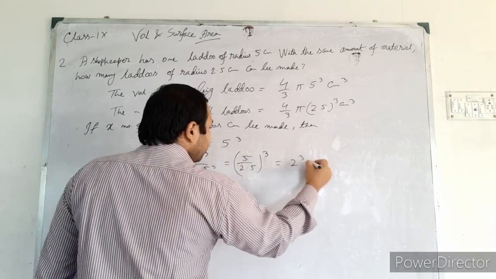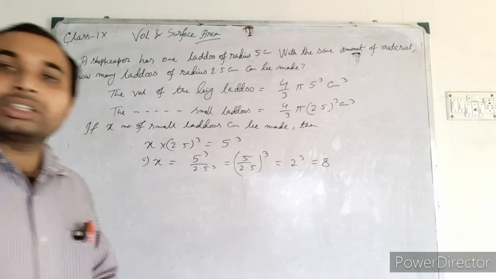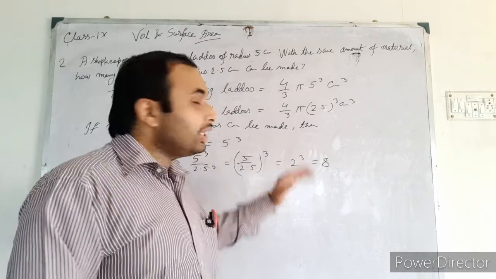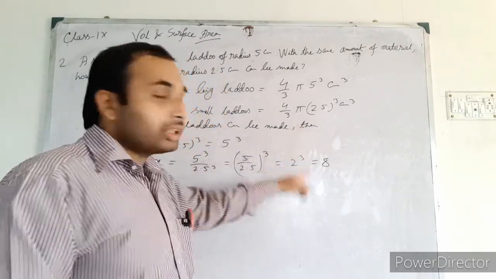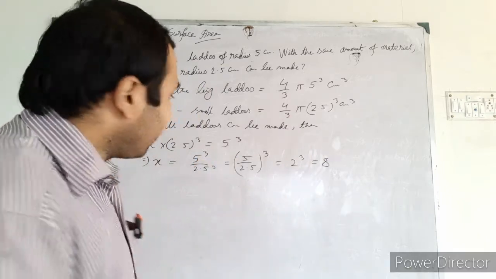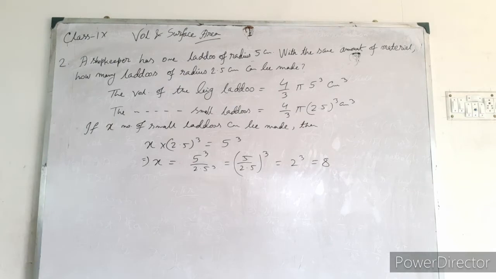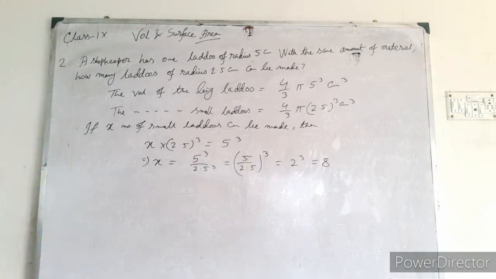So it is 2 cube equals 8. No hard calculations are there. Just see how easily it comes. So you have to do the calculation smartly. That's why you have to practice and enhance your calculation skill.